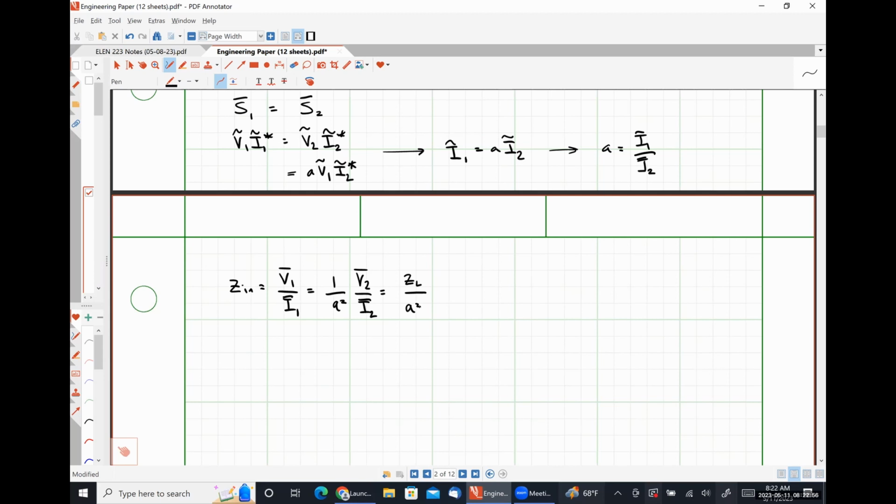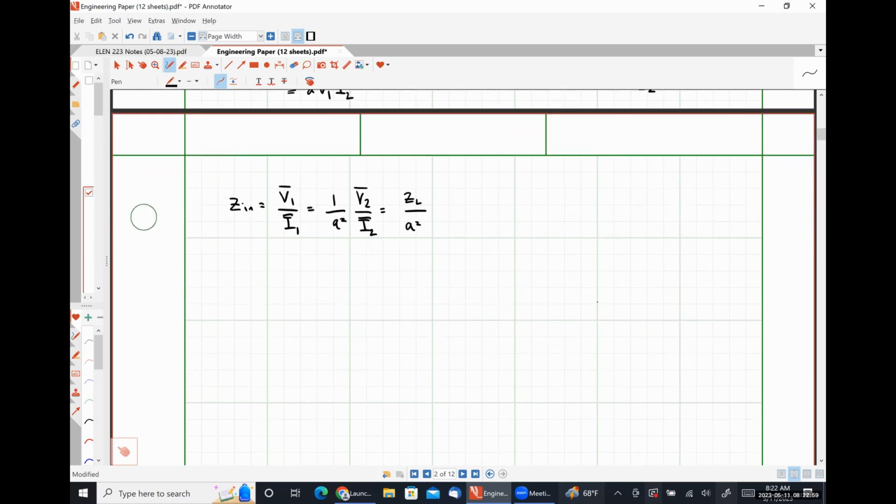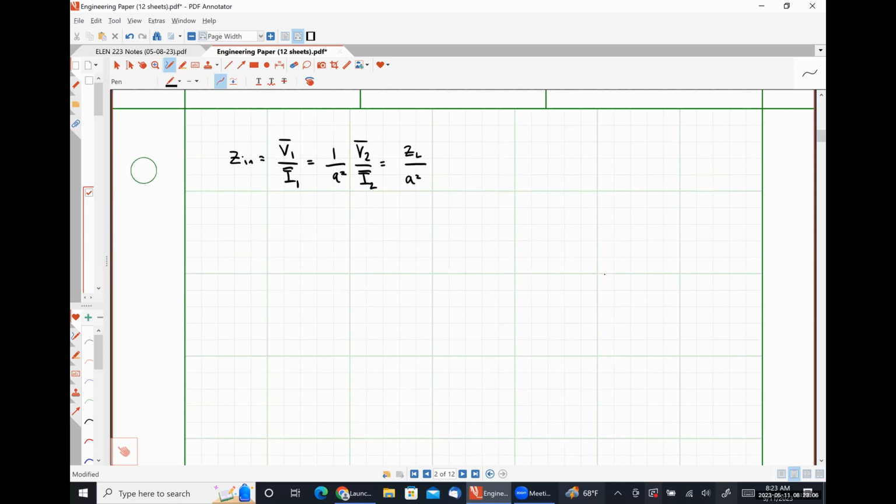So effectively, let's work a problem here. Let's say that I have the following circuit. A 12 angle 0 degrees voltage source connected to a 1 kilo ohm resistor connected to an ideal transformer that has a turns ratio of 1 turn on the primary side for every 4 turns on the secondary side.